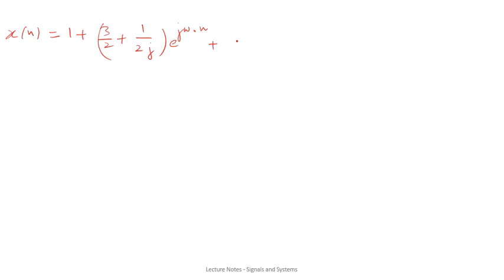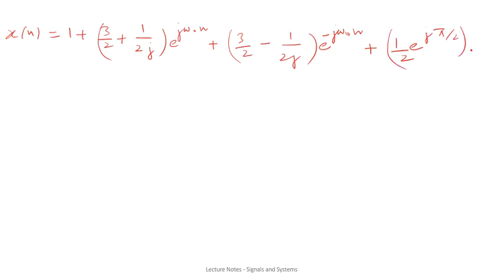Combine the same terms. e raised to the power j 2 omega naught n, and one more term e raised to the power minus j pi by 2 multiplied by e raised to the power minus j 2 omega naught n.